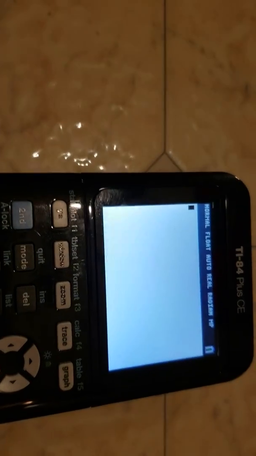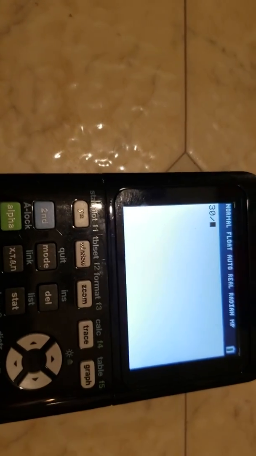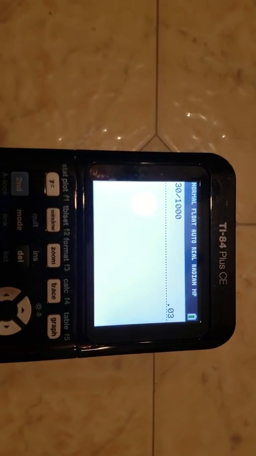What you would do is take the 30 grams divided by 1,000 to figure out what 30 grams is in kilograms. What would that be? It is 0.03 kilograms. Not very much. But I guess it's a very small car.